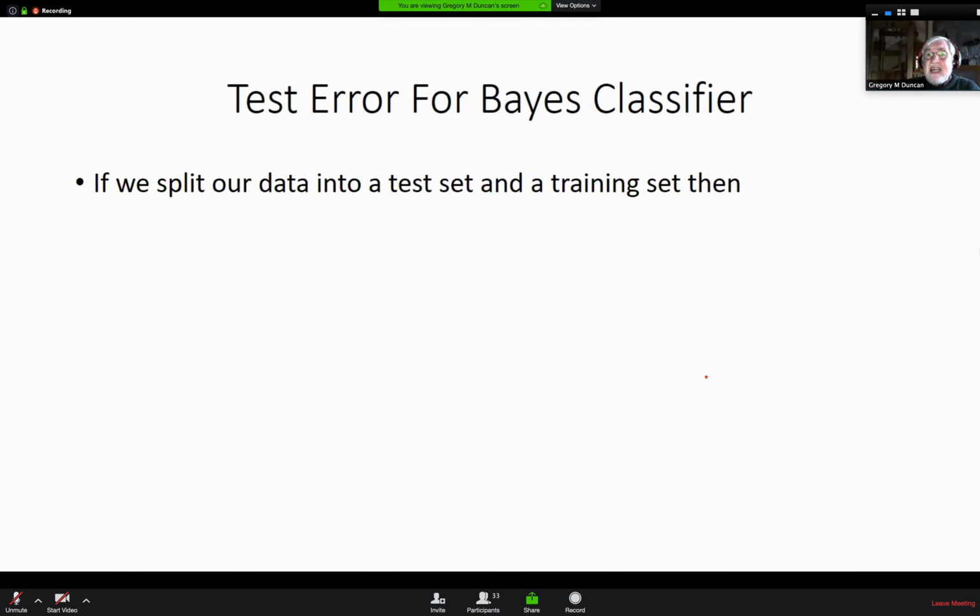So what's the test error for a Bayes classifier using a predicted probability? Okay, we're going to split our data into a test set and a training set. Okay, and I'll give you some code to do that, but for right now, let's just split it in half randomly.